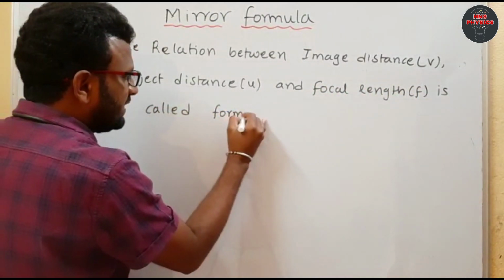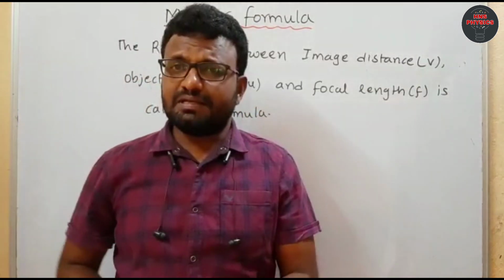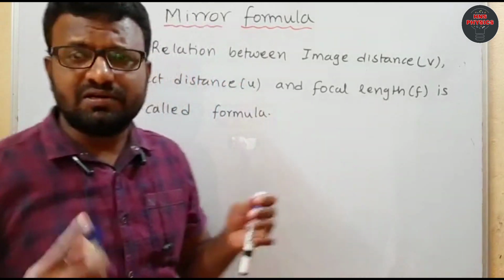That means this mirror formula gives the relation between the image distance, object distance and focal length.